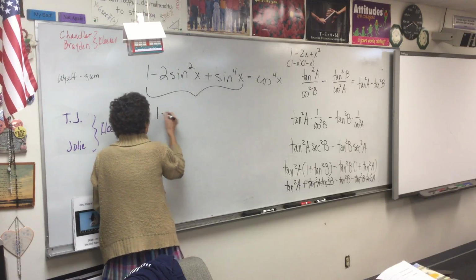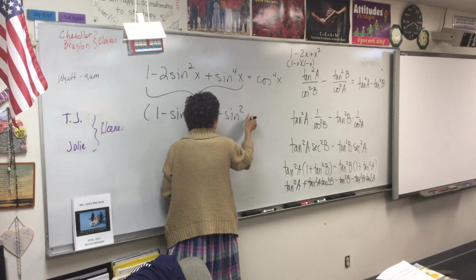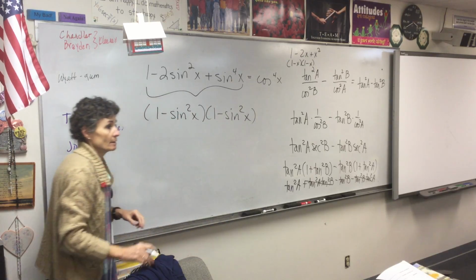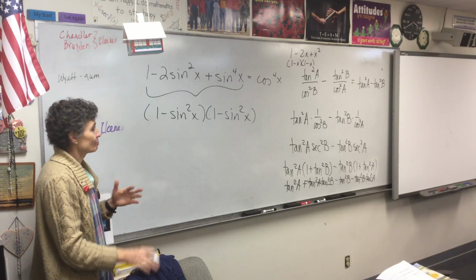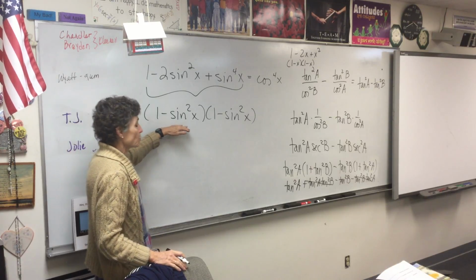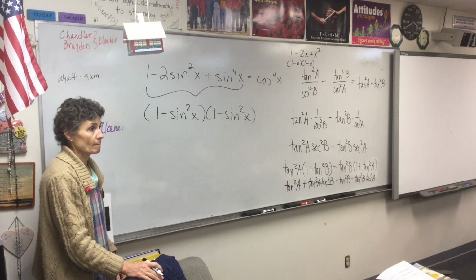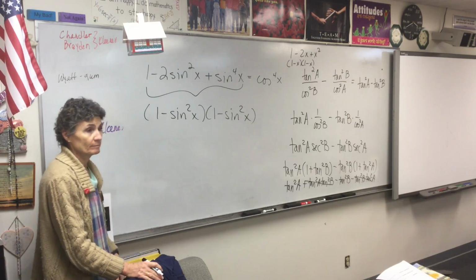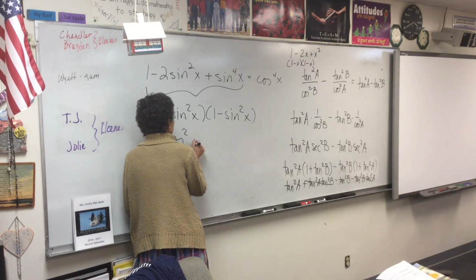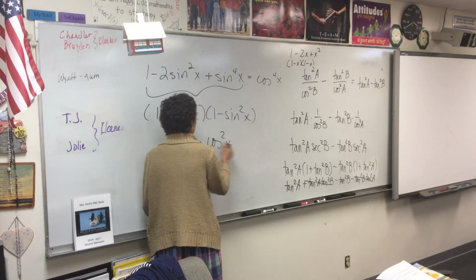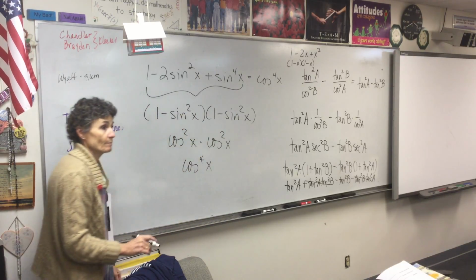This is 1 minus sine squared times 1 minus sine squared. Now, if you notice that, you're home free, because what's 1 minus sine squared? The cosine. That's cosine squared. So this is cosine squared times cosine squared, which of course is cosine to the 4th.